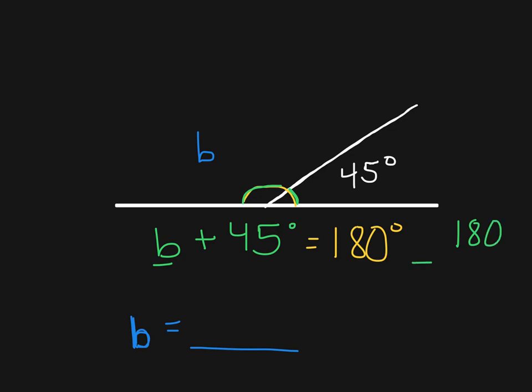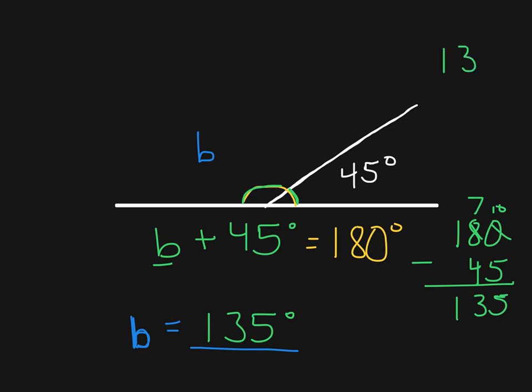I can take my whole 180, subtract the part that I know, and end up with the measurement of the angle that I don't know, 135 degrees. I can check my work. If I add those together, 135 plus 45, if I subtracted correctly, those should add up to 180 degrees.